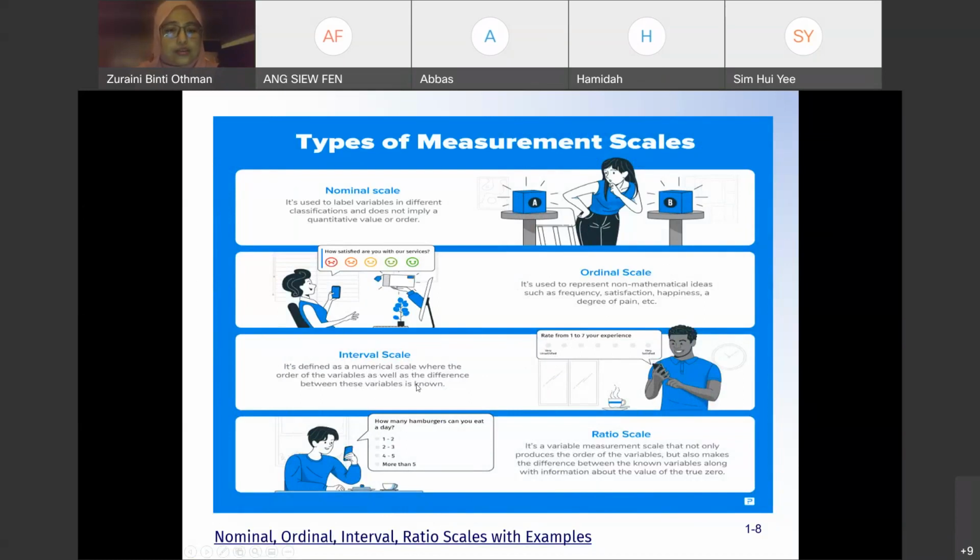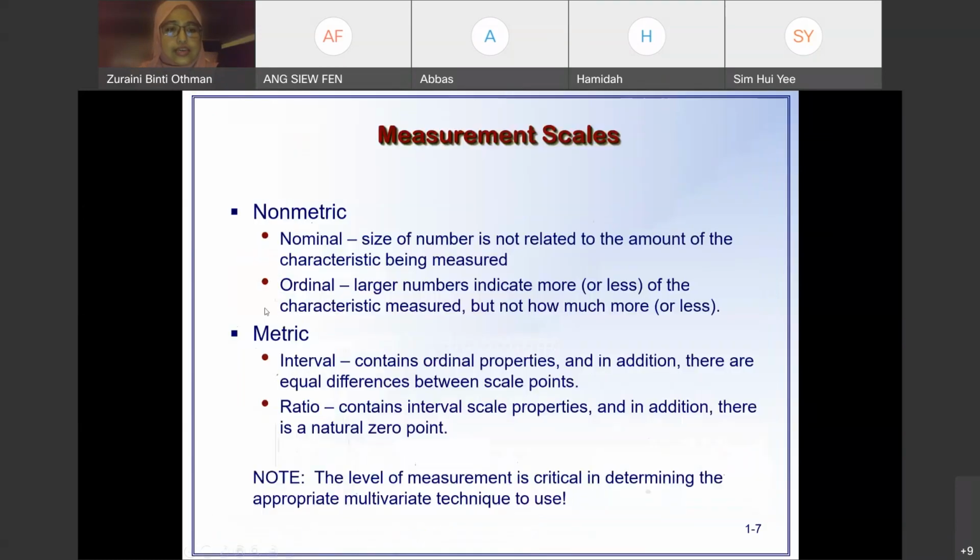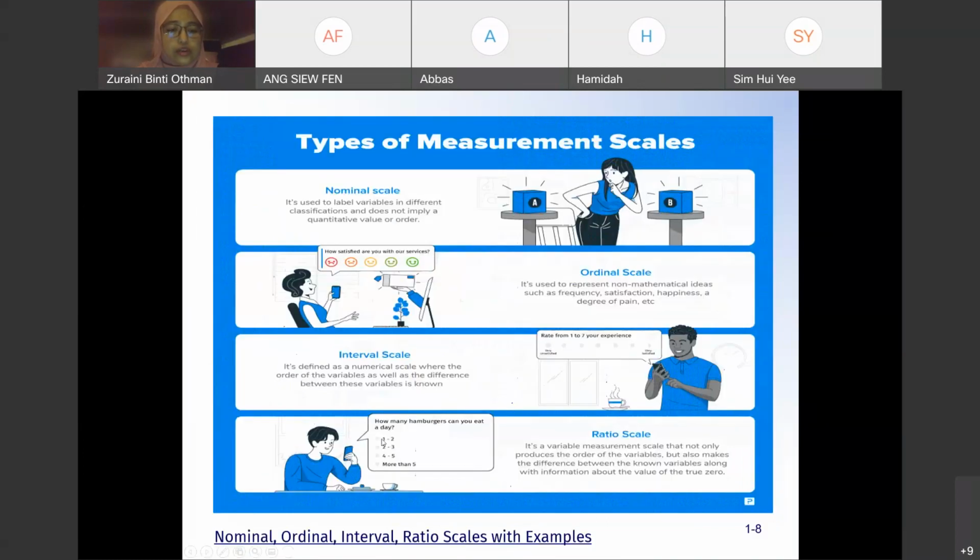Okay, that is the data for the metric. And for the metric, another scale is ratio. We put it in a range. For example, how many hamburgers can you eat a day? Between 1 and 2, between 2 and 3, between 4 and 5, more than 5.